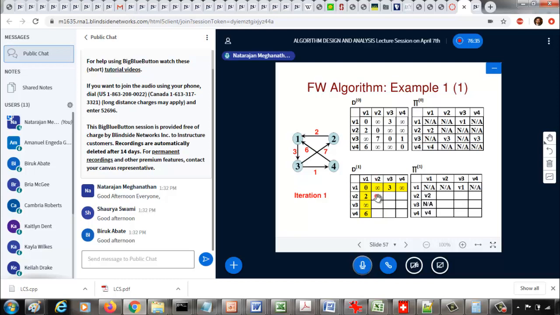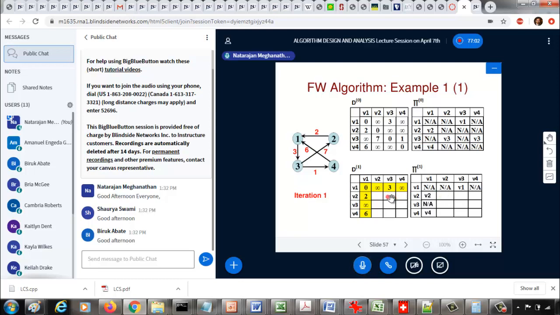In this case, the horizontal line to the highlighted column gives 2, and the vertical line to the highlighted row gives infinity. So we check 2 plus infinity, is it less than 0? No. So we stay with 0. If you are not changing, enter the same predecessor information we have, which is not applicable here. Only when you are changing an entry do you have to update the predecessor.